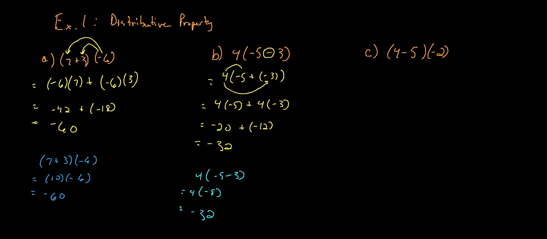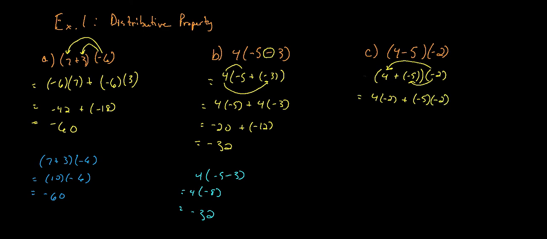Last but not least, we're given 4 minus 5 times -2. Again, I like to rewrite that using the additive inverse. So plus -5 times -2. Distributing the -2, we have 4 times -2 plus -5 times -2.